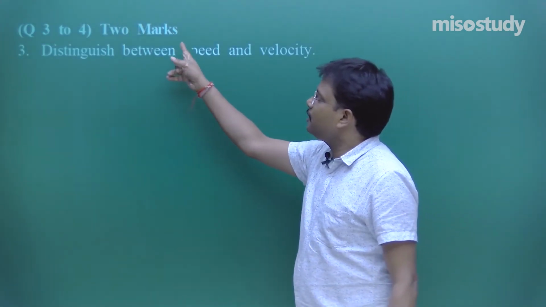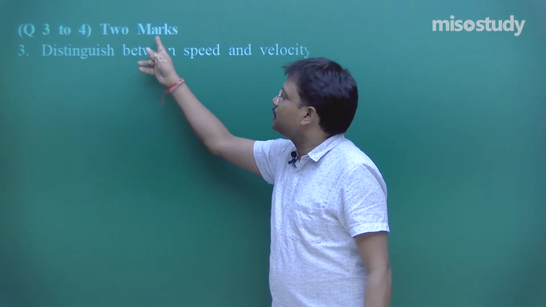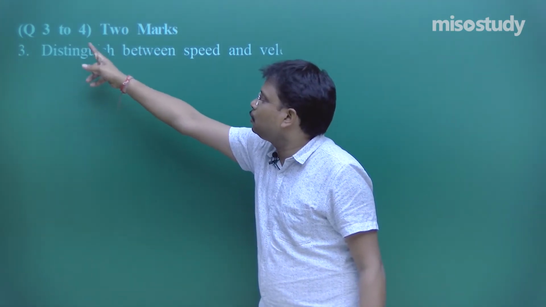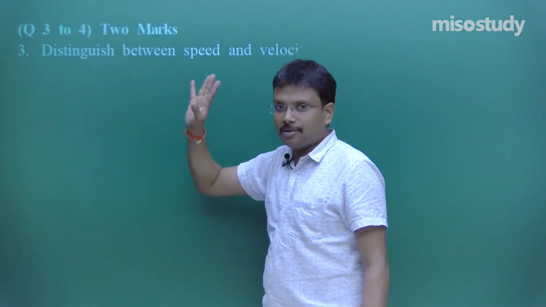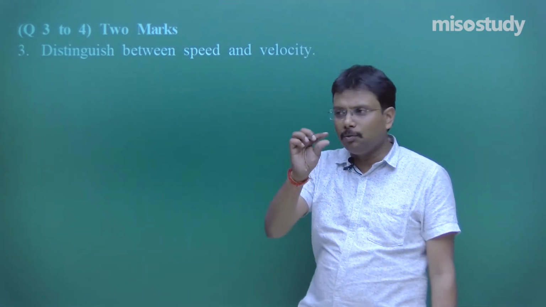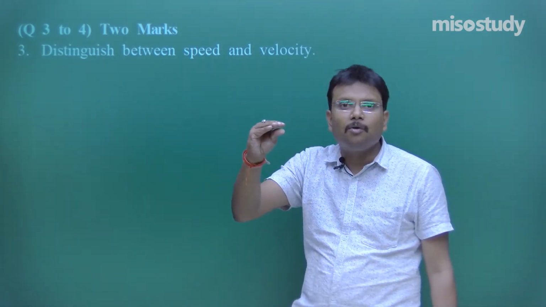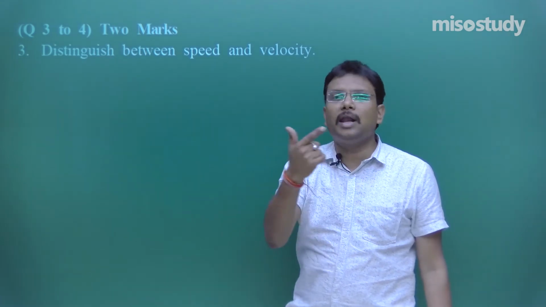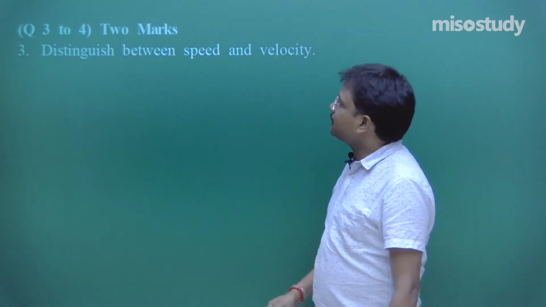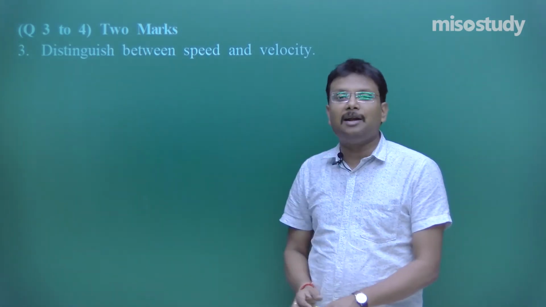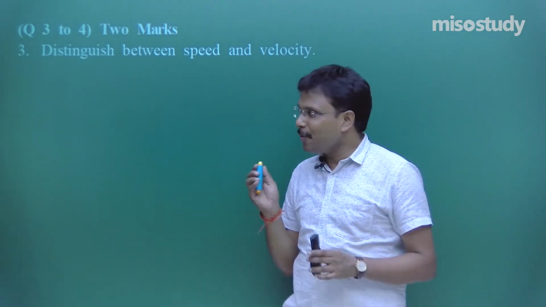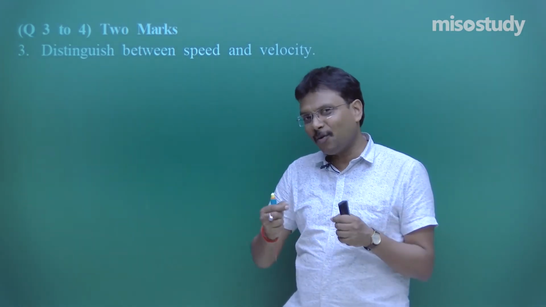Now here I very specifically mentioned the instruction. Question 3 to 4, 2 marks. In 2 marks, you have to write down 3-4 words. That's it, like one line. So, distinguish between speed and velocity. Now you can say, sir, all these things are correlated.